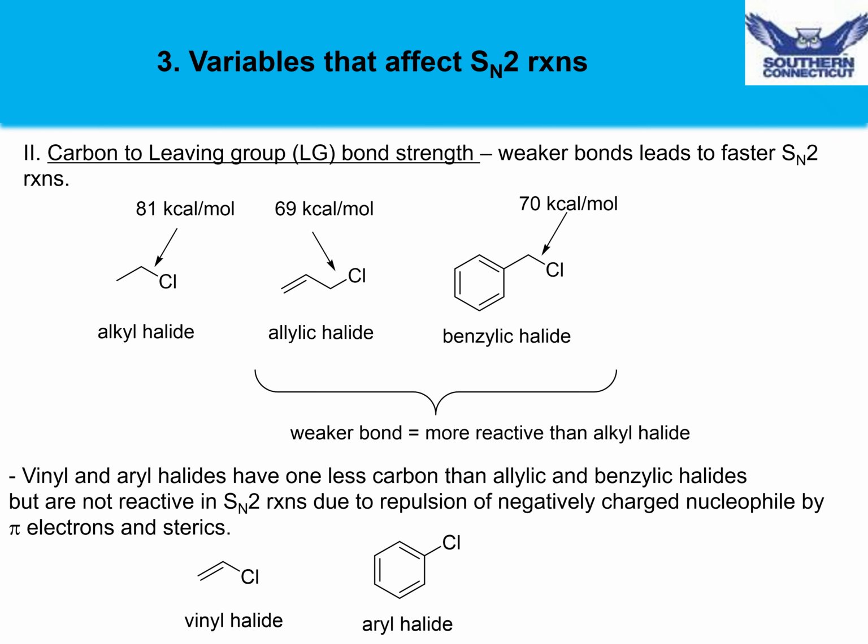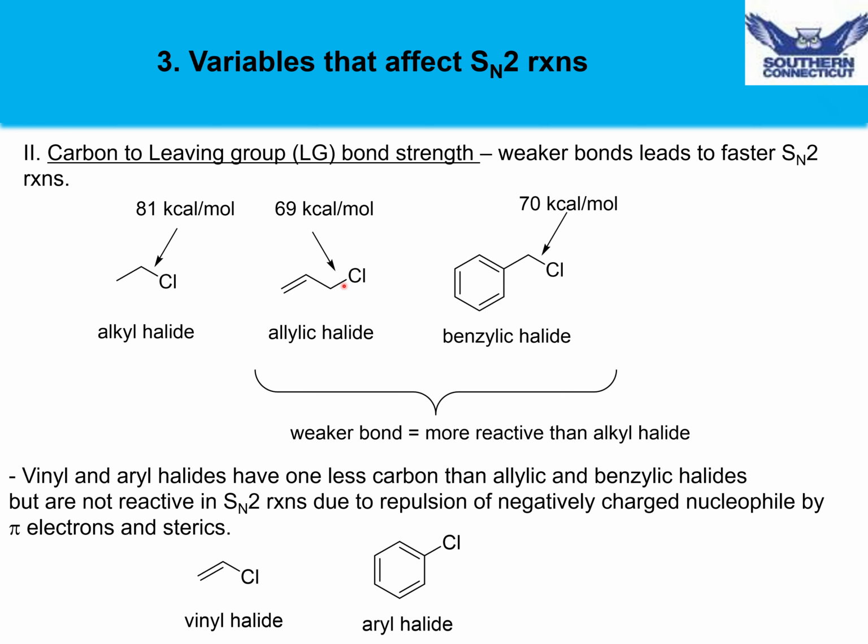The carbon to leaving group bond strength also plays a role in the SN2 reaction rate. A few good examples are the allylic and the benzylic halides. These are excellent candidates for the SN2 reaction due to the fact that the carbon to halogen bond in both cases are fairly weak.